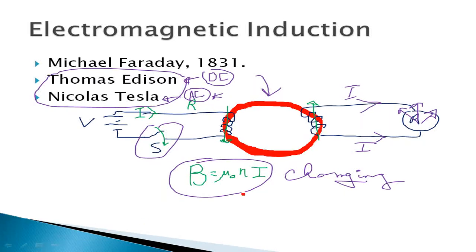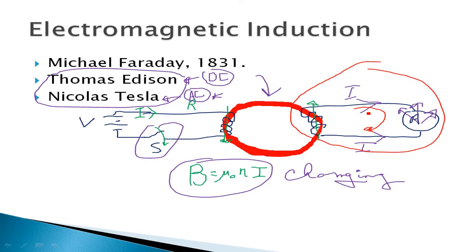So over here, this circuit has no power source in it, right? And yet, when the switch is closed, momentarily a current will flow around this circuit.